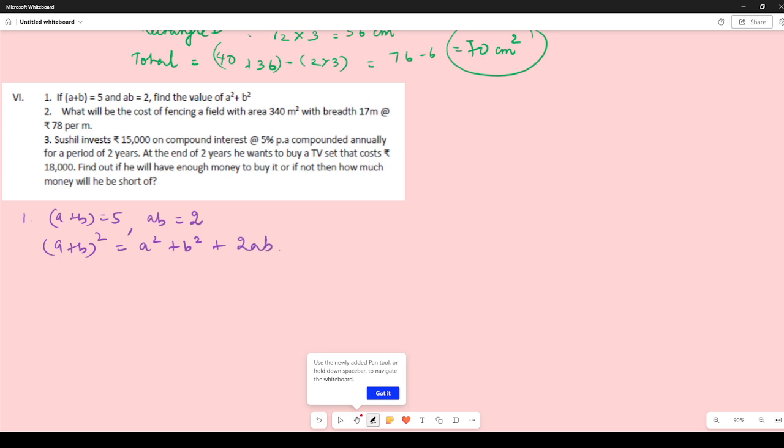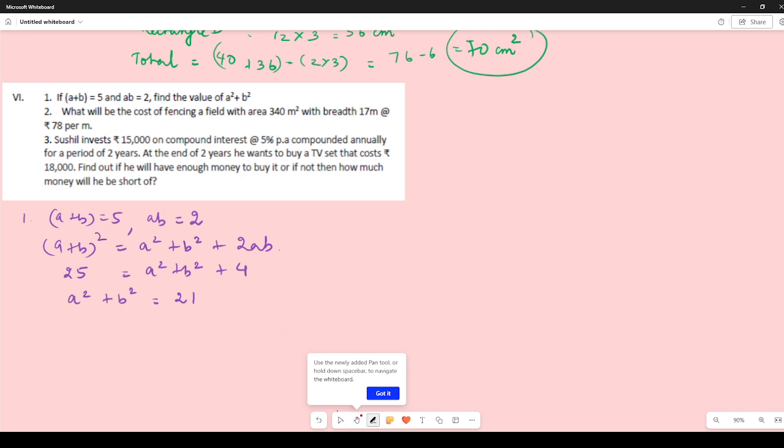So a plus b whole square becomes 25 equals a square plus b square plus 2 into 2, that is 4. So when we take the 4 over here, what we get is a square plus b square is equal to 21. Right? Alright. So this will be the answer.